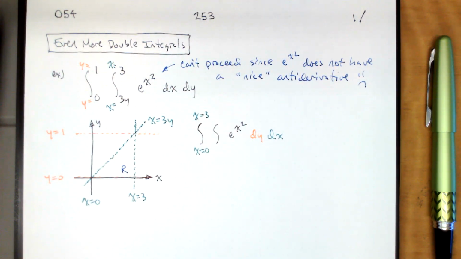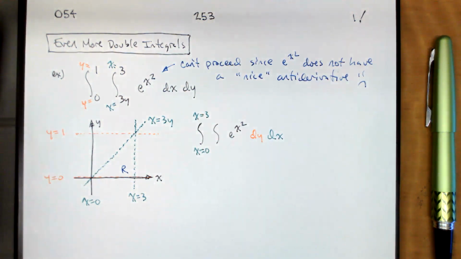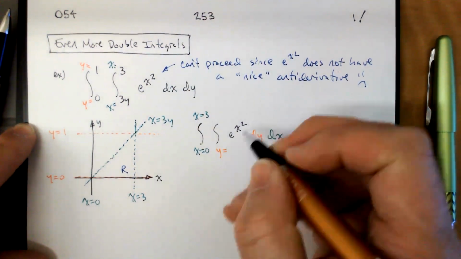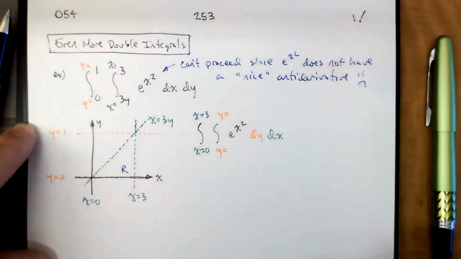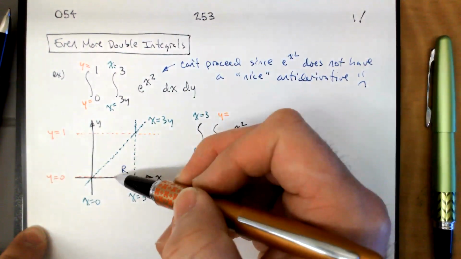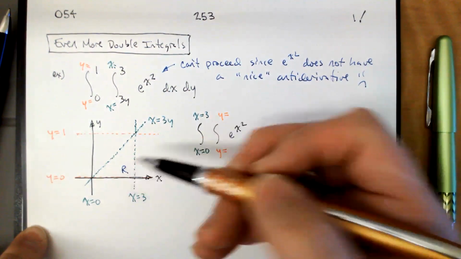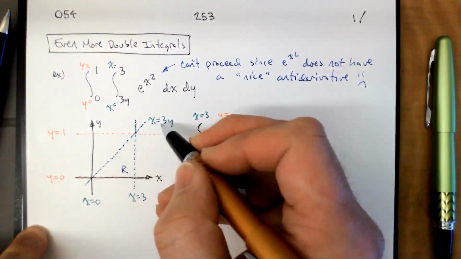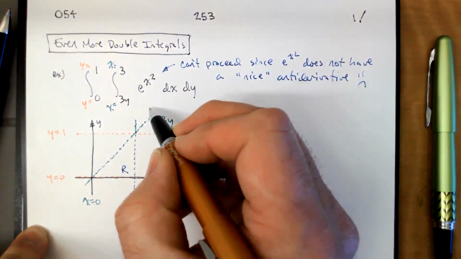Next, we can go on to the y. We'll pick a typical x value, figure out what is on the bottom and what's on the top. So if I pick a typical x value, the bottom is at y equals 0, and the top is at the line x equals 3y, which we'll have to turn around.